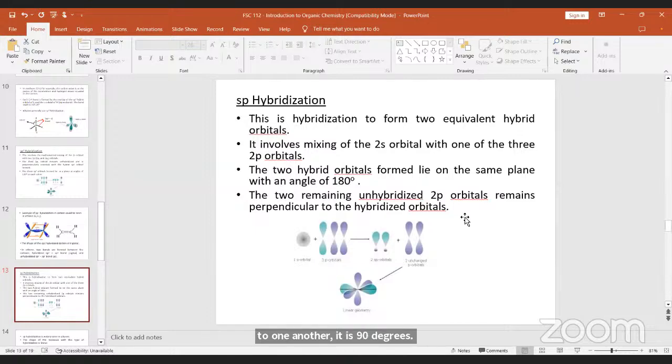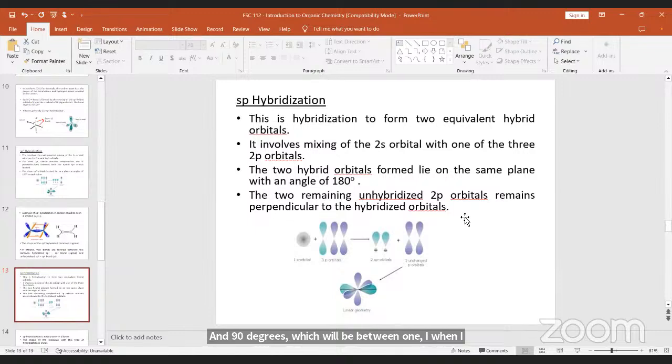So in sp hybridization, you have two types of angles. You have a 180 degrees angle, which is between the two hybridized orbitals, and 90 degrees, which is between one unhybridized orbital and one hybridized orbital. Okay.